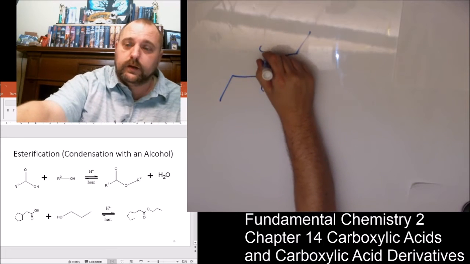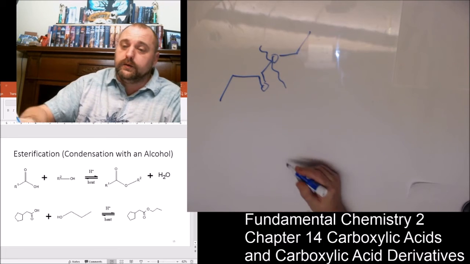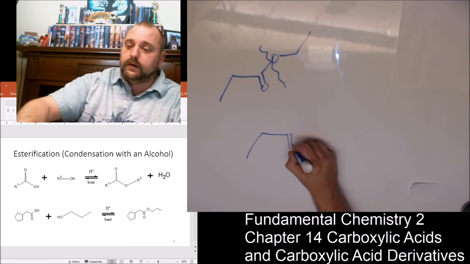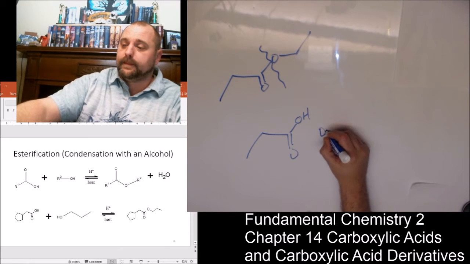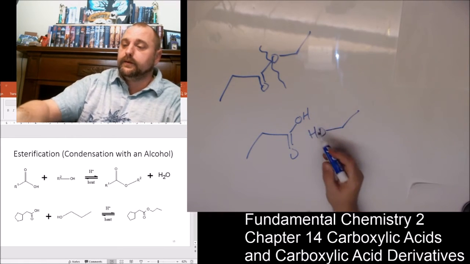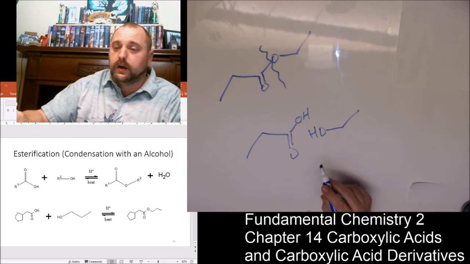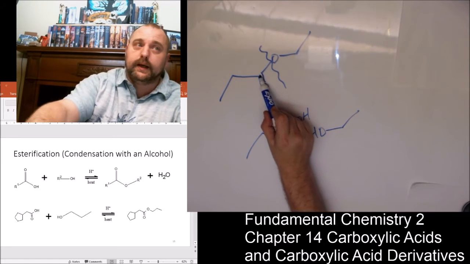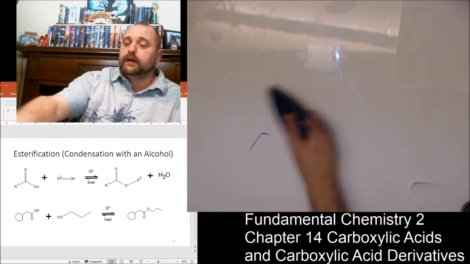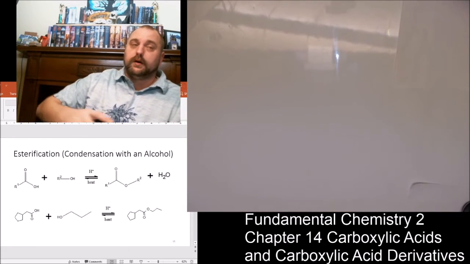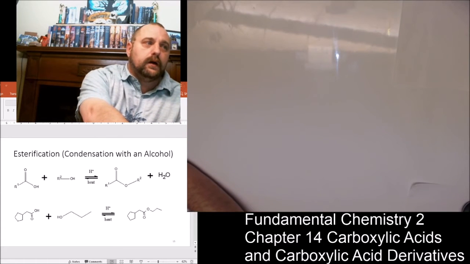You're going to go between the carbonyl and the oxygen, and you're just going to draw the 2 parts, adding your water back in. So I added an OH there and an H here. That simple. It's going to be key though in the naming that we remember which side came from the alcohol and which side came from the acid, so that carbonyl comes from the acid.